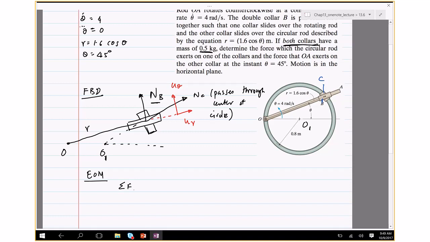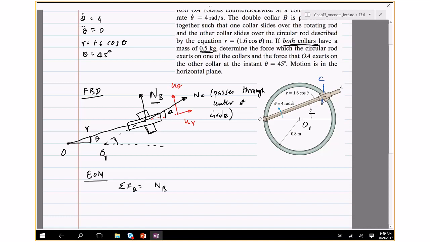Summation F theta is NB, and then there's NC, and that NC acts at an angle. Well, I don't know this angle, sorry about that. I've got to find the angle made by NC with UR. Okay, my bad, I should write this as theta, right? This is theta as given here. So it's going to be NB acting in theta direction, and then NC.